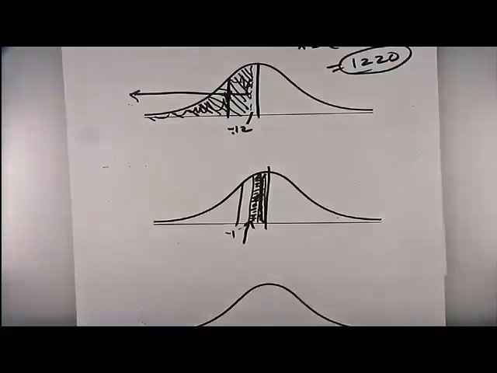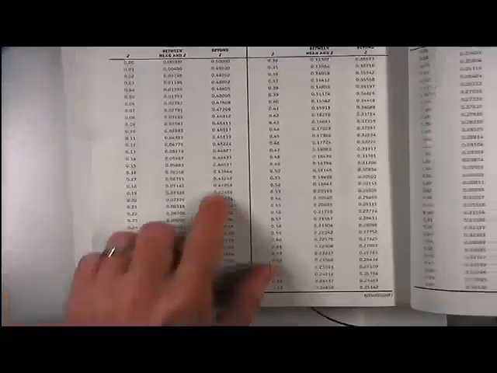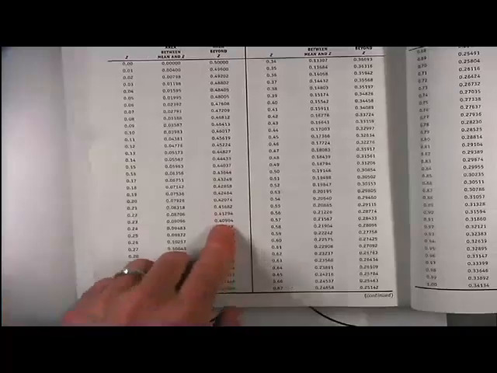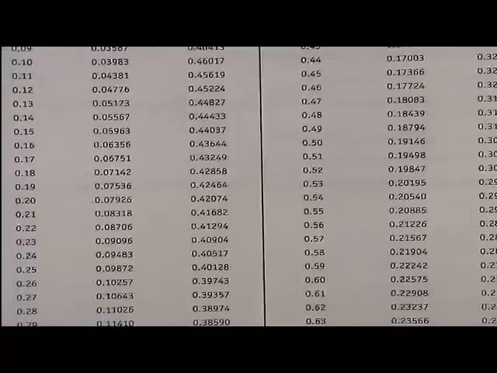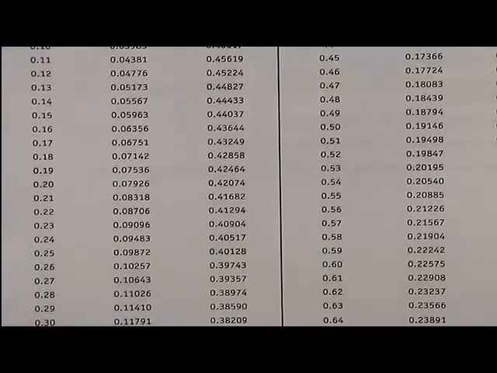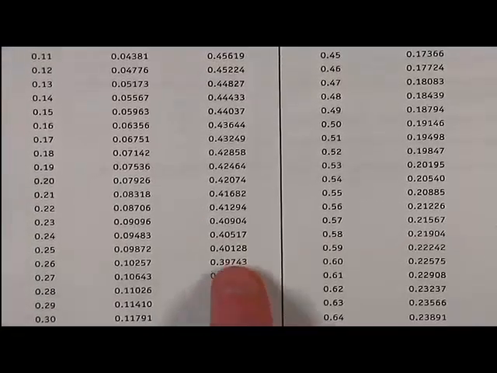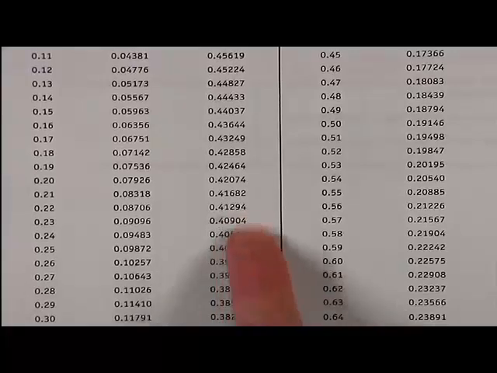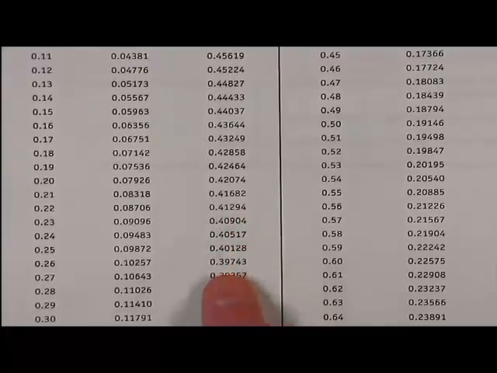So we did the 40 there. Now here we have our chart. In this case we've got the 40.13, and all these are still 40. That one is 0.3974, so that's 39.74, so we wouldn't pick that one.